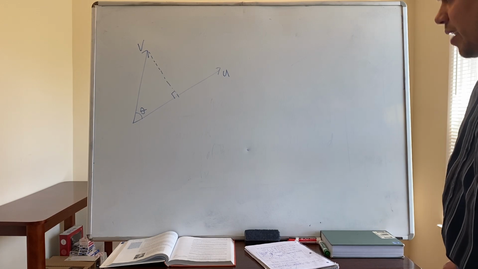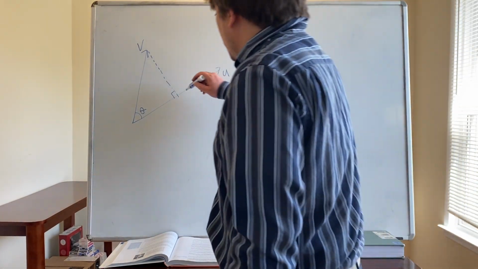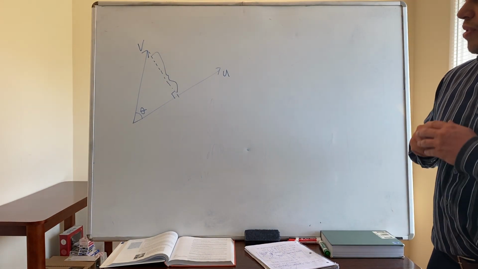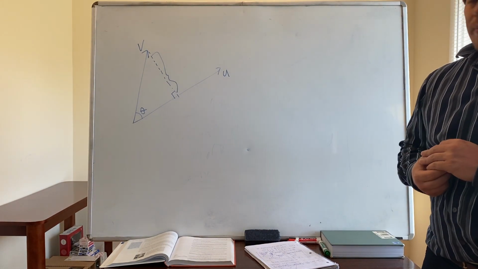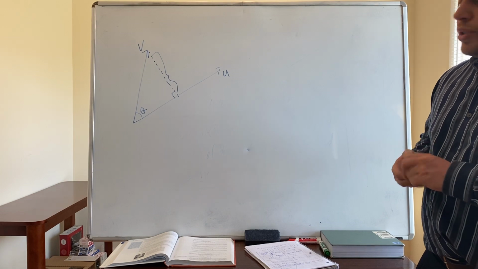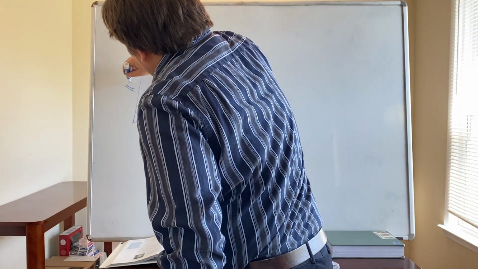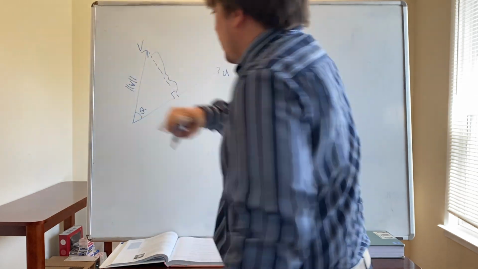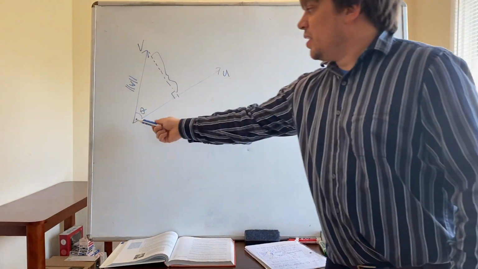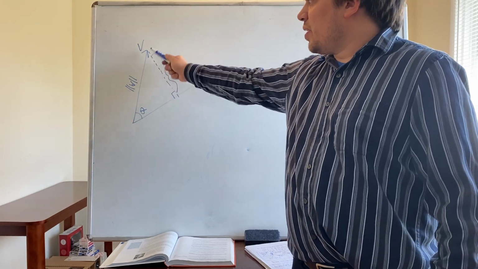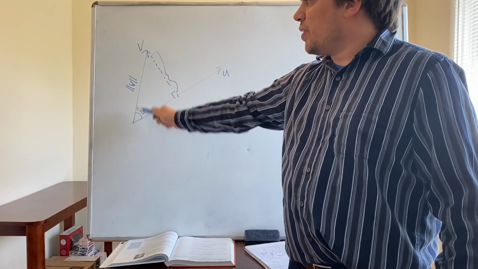Now I want to think about the length of that line segment from the tip of v to u, the shortest route from the tip of v to u. Using trigonometry, first off, just given information, the length of v, the magnitude of v, is the hypotenuse of this triangle.